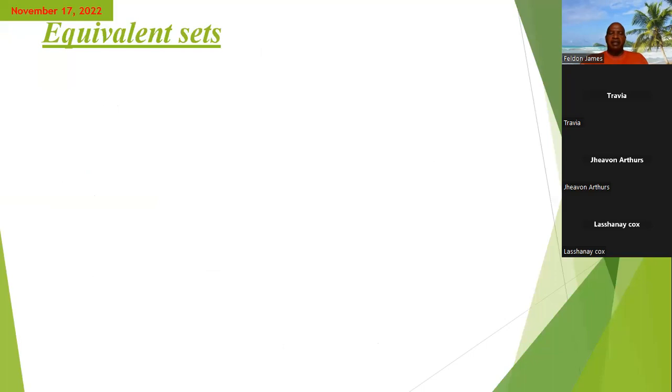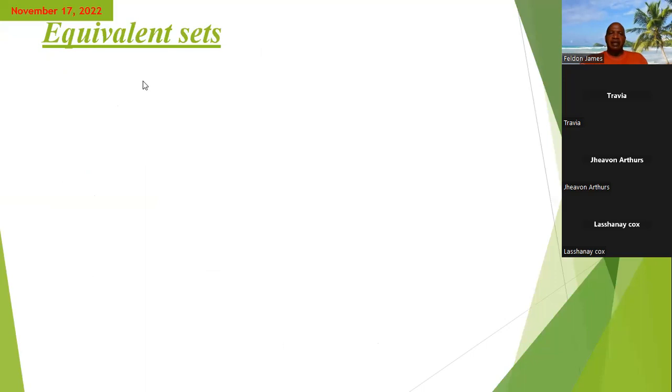Now, equivalent sets. This was not really classified in the list of 4 types of sets, but you can think of it in a similar sense, falling under the equal set.